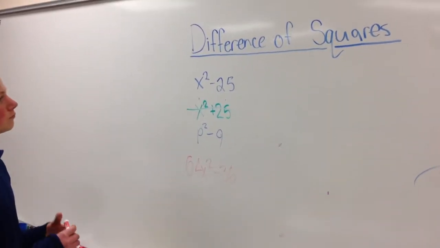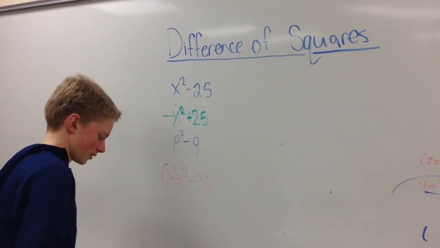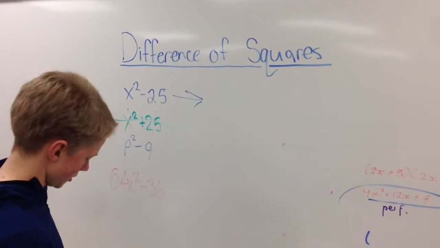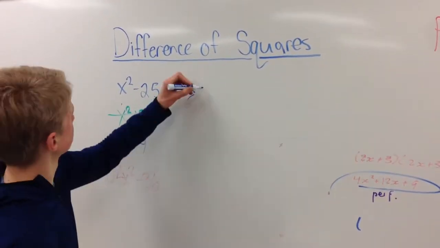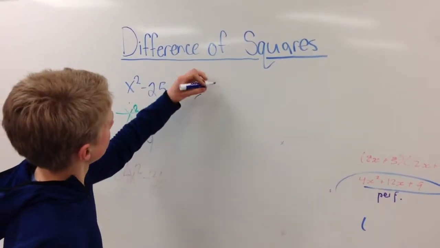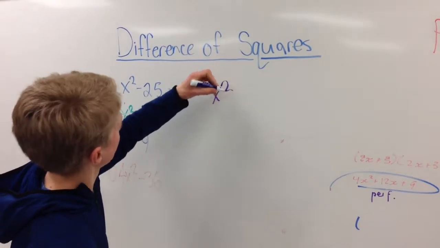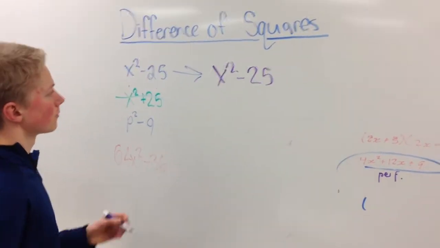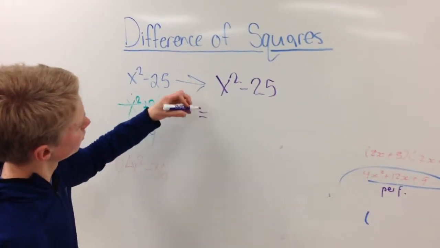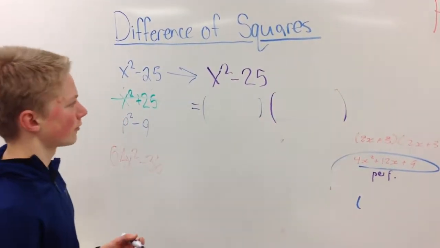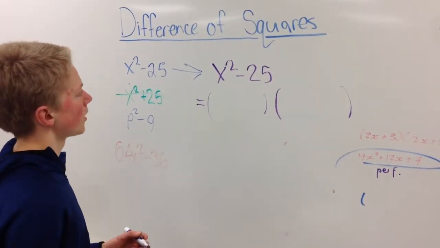Alright, so how do we factor x squared minus 25? Let's start with that one. X squared minus 25. First of all, let's get our brackets going, so that we'll have our two binomials.